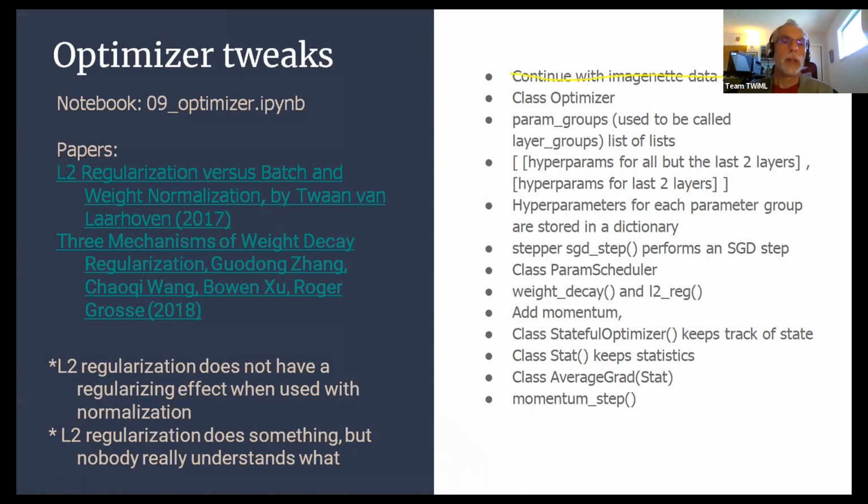So he divided the layers into basically 2 groups, and he called them layer groups. Now he says that a better name for that is param groups, and he doesn't want to use layer groups anymore. So we all have to change our vocabulary a bit.